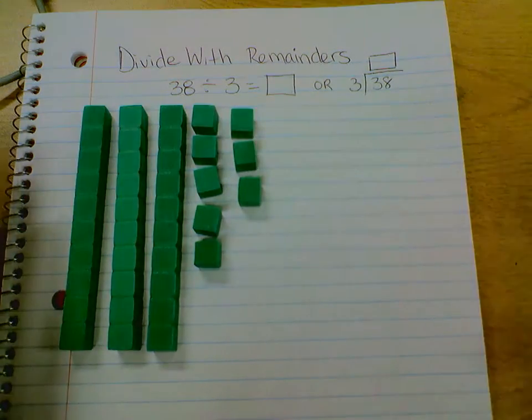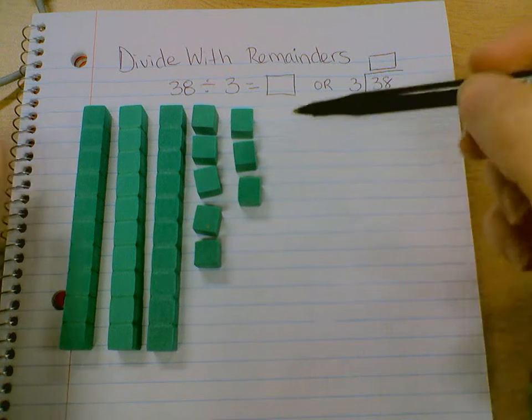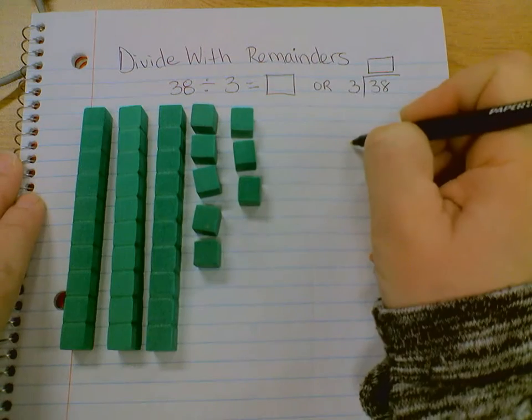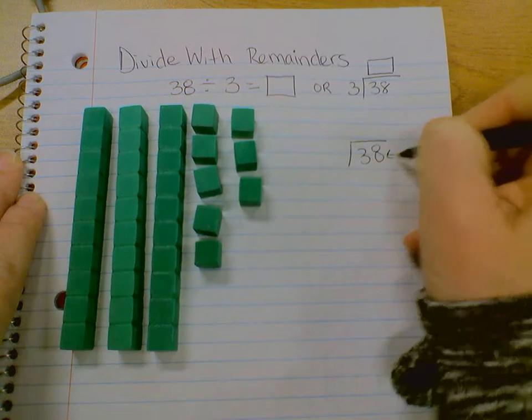Starting with 38 in base 10 blocks and dividing it into 3 equal groups. I'm going to go ahead and rewrite my division problem. I have 38 blocks in all.